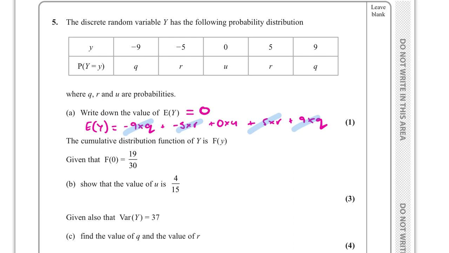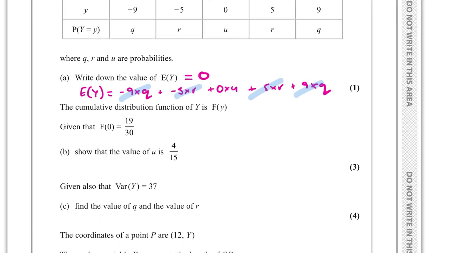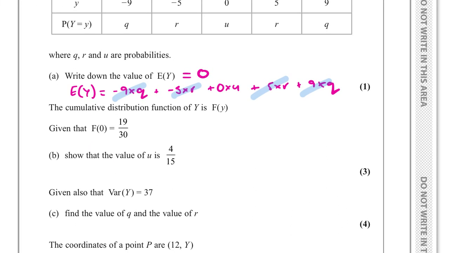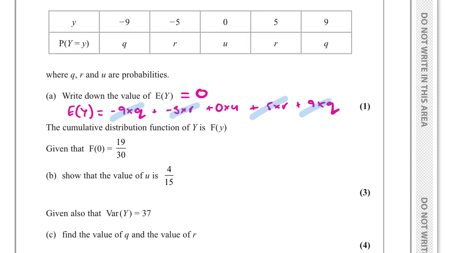Okay. Then it says the cumulative distribution function of y is F(y). Given that F(0) equals 19 over 30, show that the value of u is 4 over 15. Okay. So given that F(0) equals 19 over 30, what is our cumulative distribution?